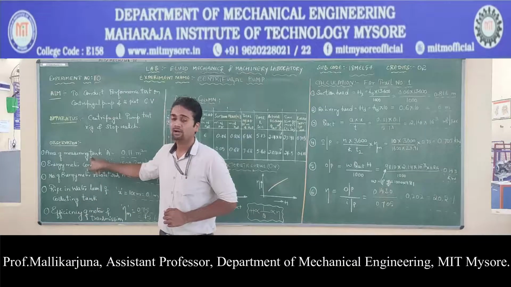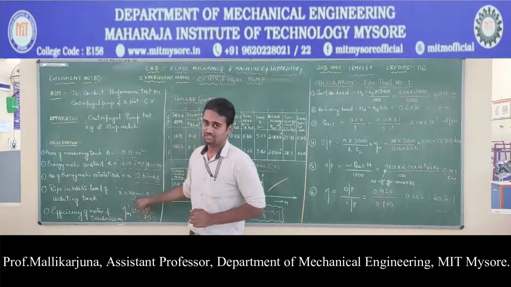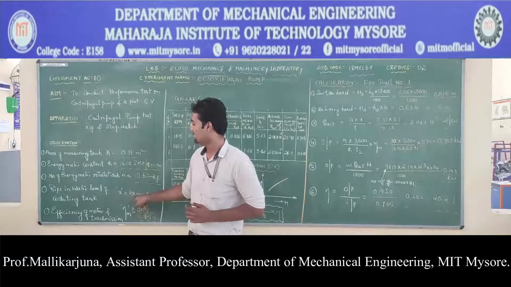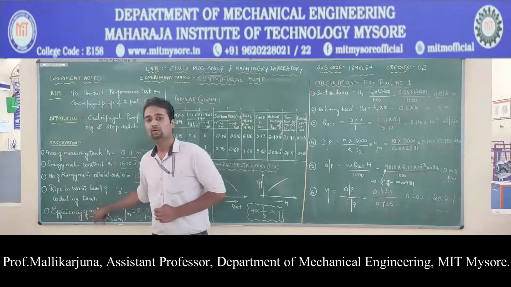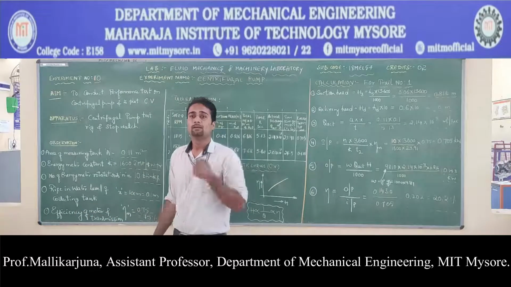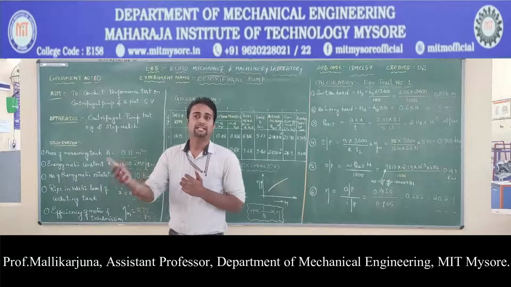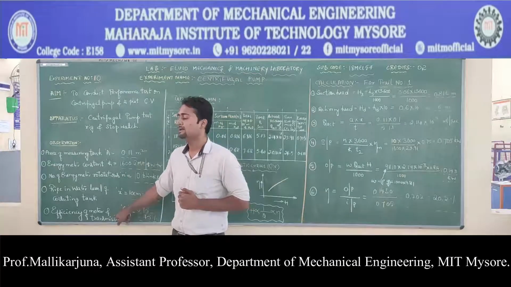Rise in the water level of the collecting tank. This is the collecting tank or measuring tank we have. Rise in the water level of that tank will be fixed by us only, at 10 centimeters or 0.1 meters. Efficiency of the motor. Why is the motor actually required? We need to supply the energy to the centrifugal pump, and in order to do that, we need the motor.